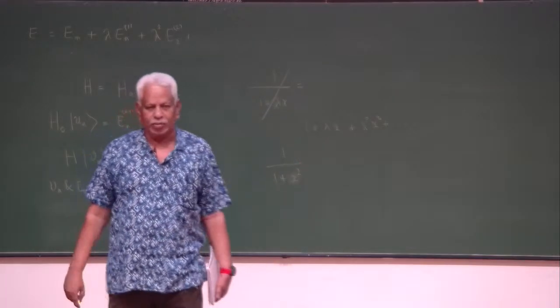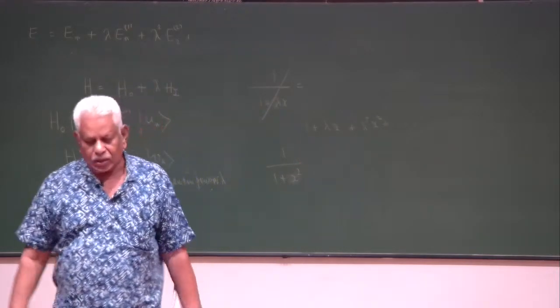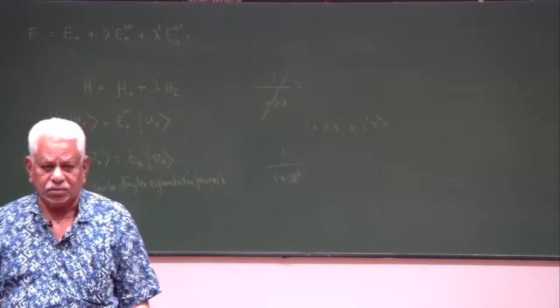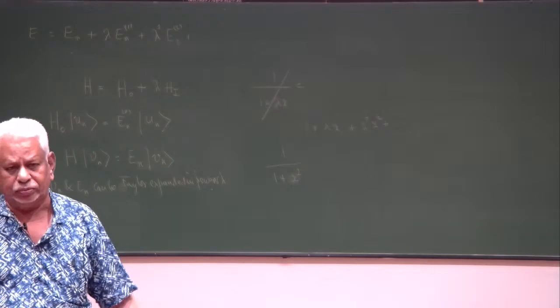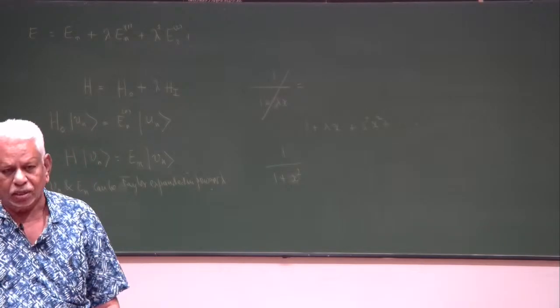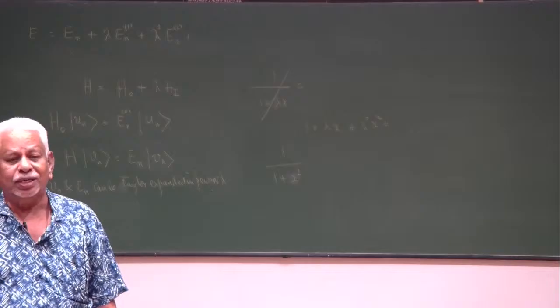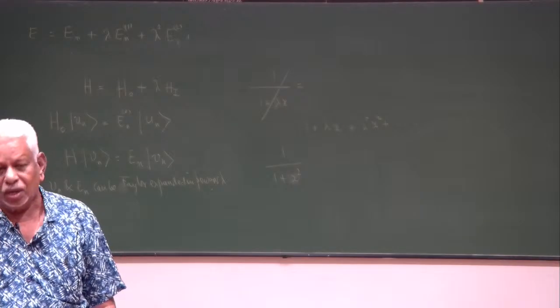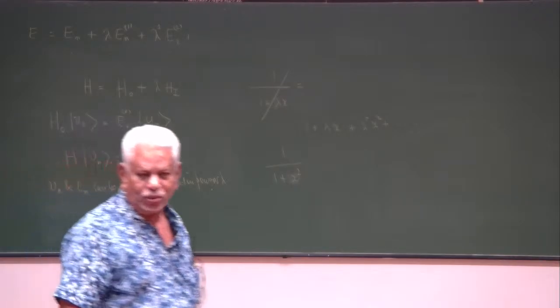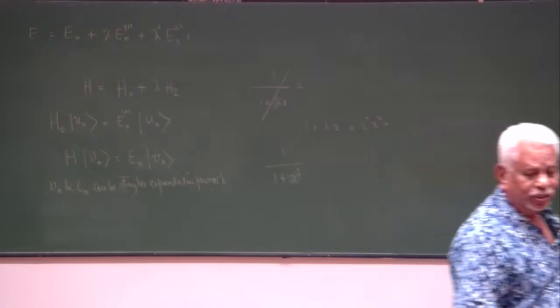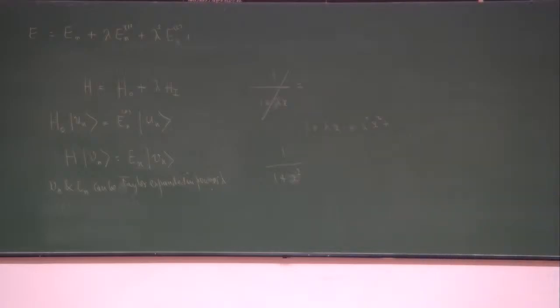Whatever real value of x, it doesn't blow up. It is always positive and doesn't become infinity. Even for this problem, the radius of convergence is only x less than 1.